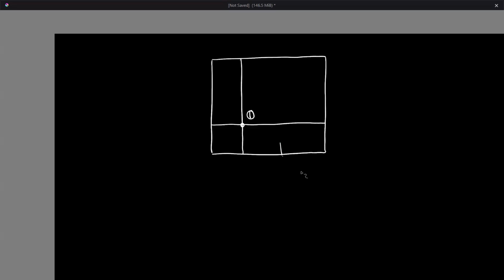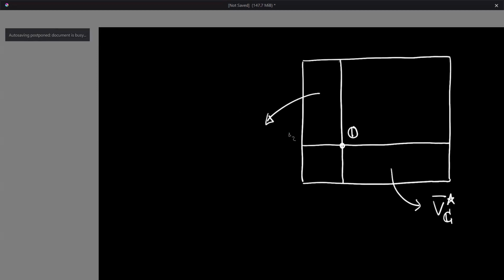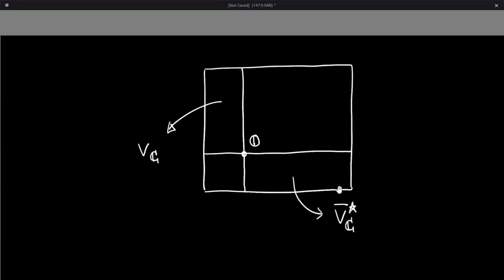And then let's say that this is V bar star C. I'm going to say all of the little accents on this in different orders at different times, so you're going to have to bear with me on that. And that's VC star.